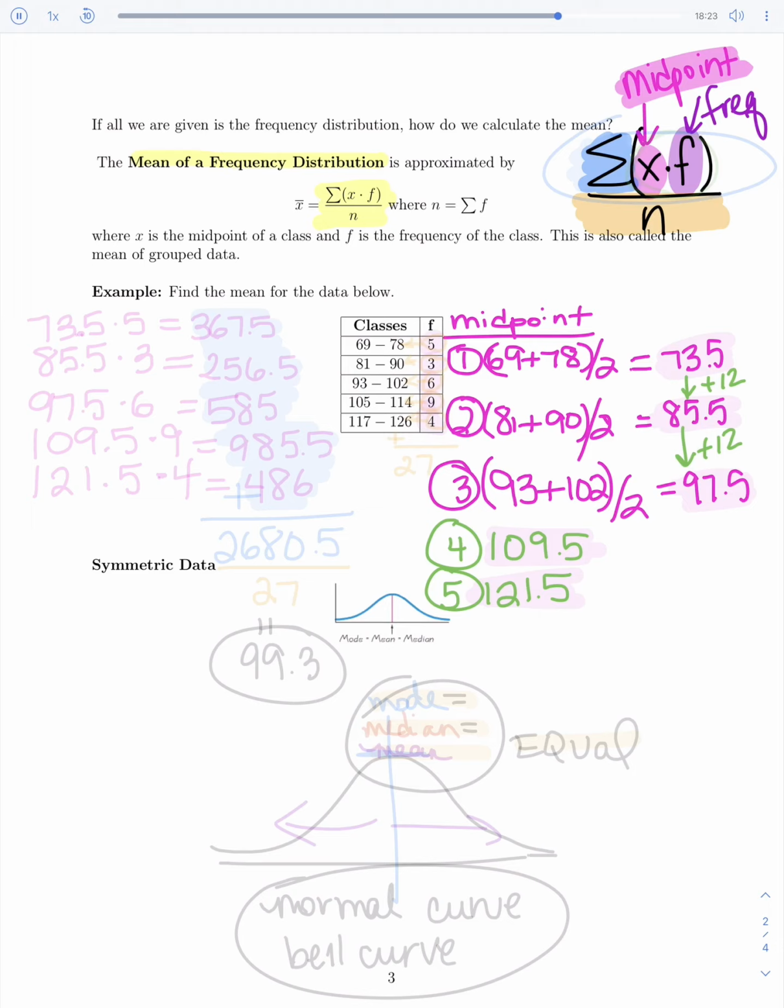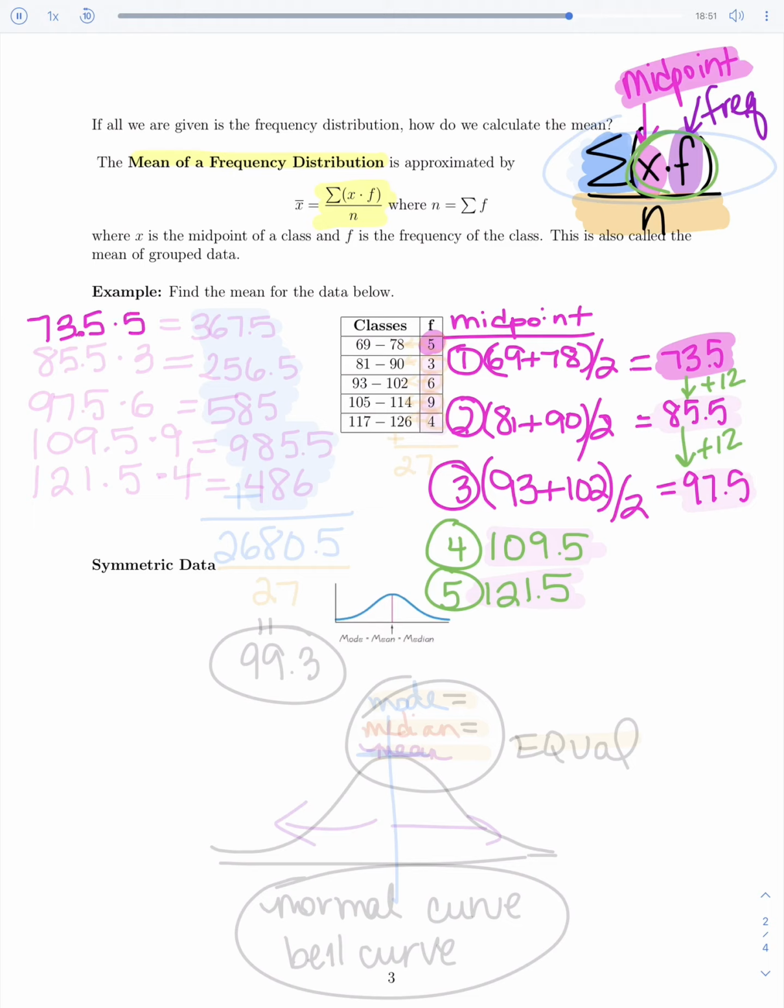The question is, what do you do after that? Remember, look at your formula. It says to take each one of the midpoints and do what? Multiply it by its frequency. So we have to go piece by piece here. So we have to take the first midpoint, the 73.5, times its frequency. So what is 73.5 times 5?